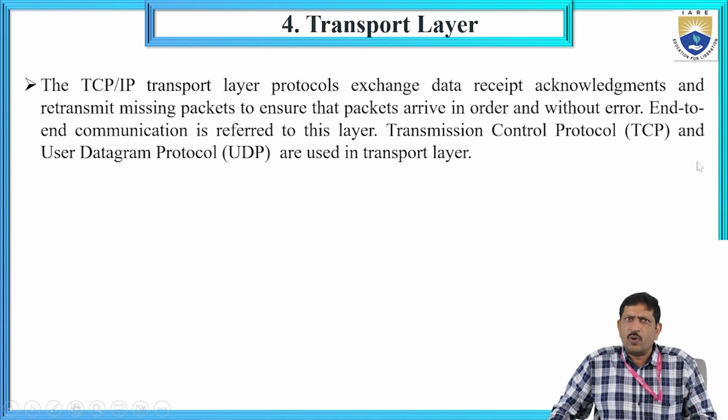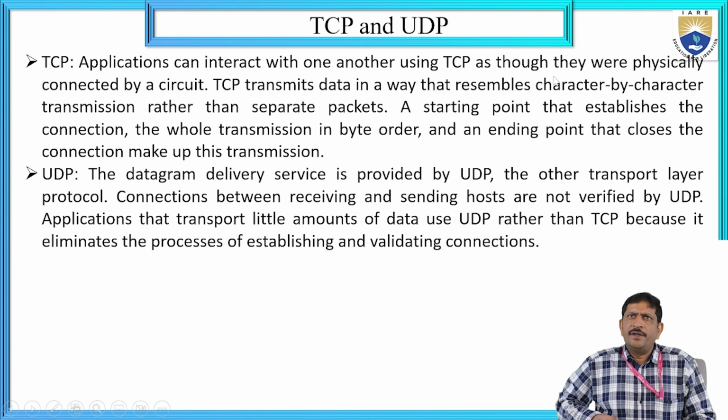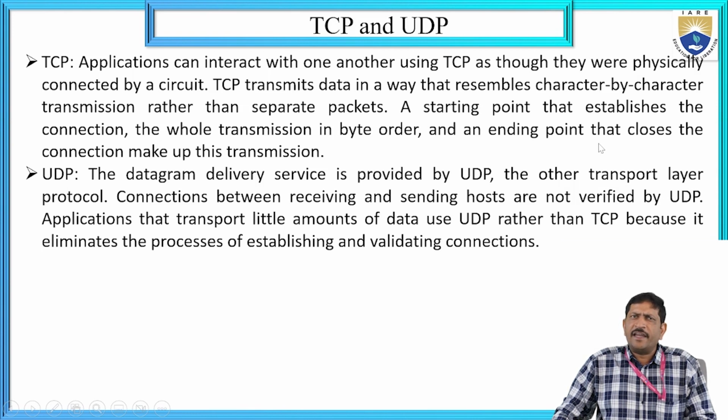Transmission Control Protocol and User Datagram Protocol are used in the transport layer: TCP and UDP. TCP is the Transmission Control Protocol. TCP applications can interact with one another using the TCP protocol as though they were physically connected by circuits.